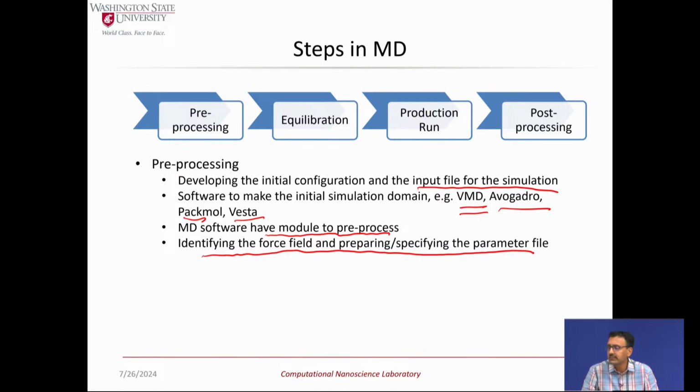Questions about pre-processing? The goal of the pre-processing step is to make sure that you're feeding meaningful input, including the configuration, force field, and input file, to the software, because that's super important, particularly the initial configuration. If, let's say, you are looking at a membrane structure, and somehow you have molecules or atoms pretty close to that, within, let's say, 1 angstrom erroneously, then what happens when you start your calculation?